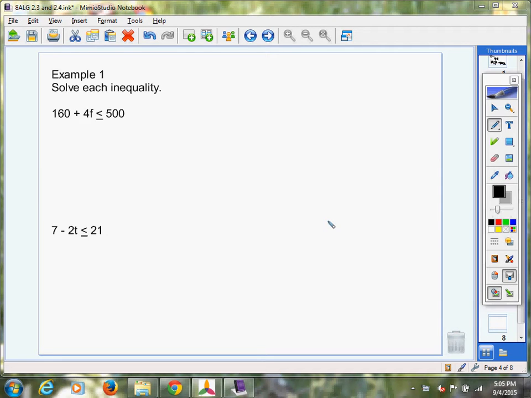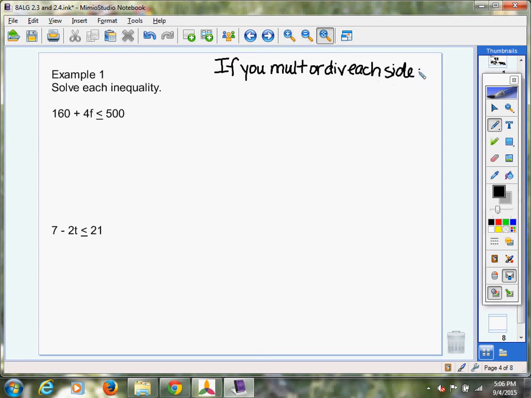All right, let's look at example 1. We're going to solve these two-step inequalities. Remember the rule: if you multiply or divide each side of an inequality with a negative number, what are you going to do?